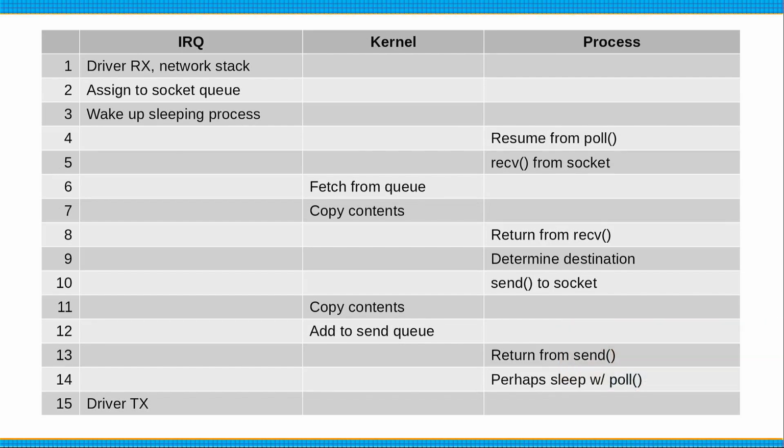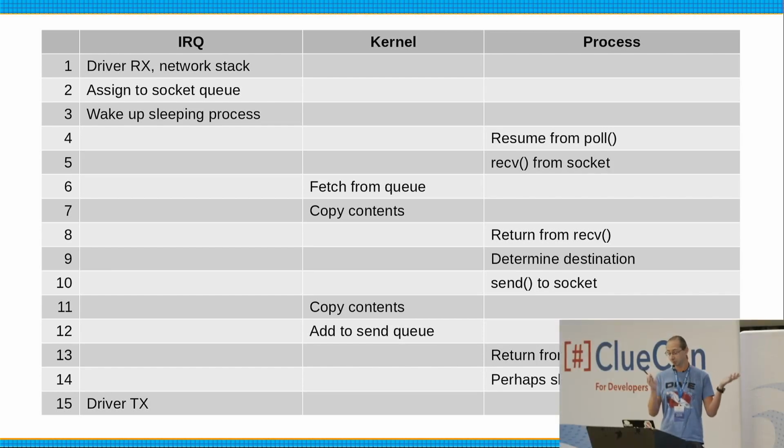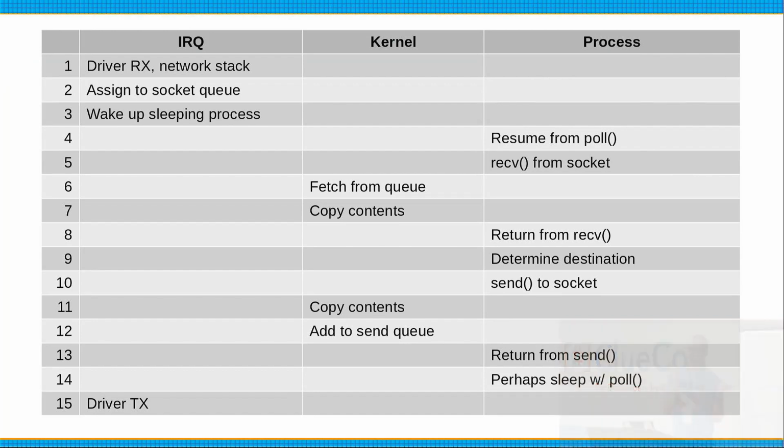Now, execution doesn't immediately transfer to the process. That happens later on. The process needs to be scheduled in. It can happen on a different CPU even. Typically, the process would be sleeping at that point, like in a poll or something. It would wake up, see that there's activity on this socket, and then read from the socket. At this point, execution transfers to the kernel. The CPU needs to do a context switch.